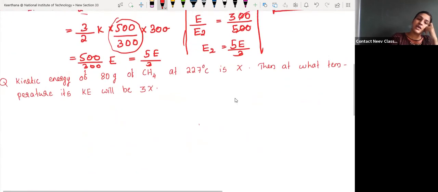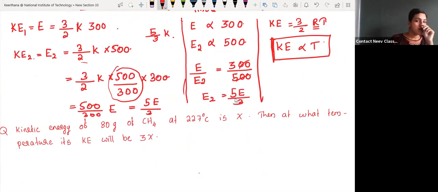The next question. Kinetic energy of 80 gram of CH4 at 227 degrees Celsius is X. At what temperature will the kinetic energy be 3X? Can you please tell me without thinking about anything, what will be the answer?